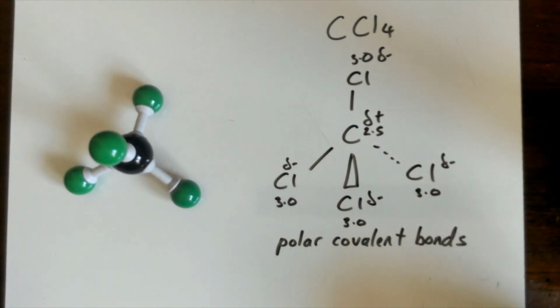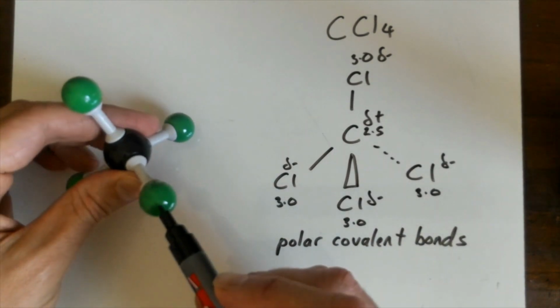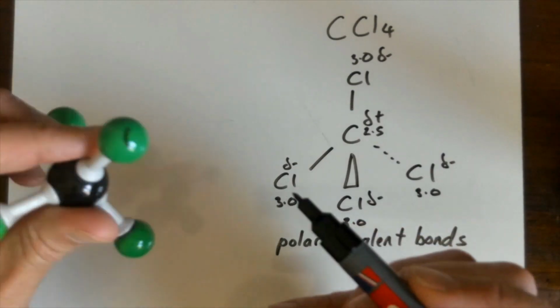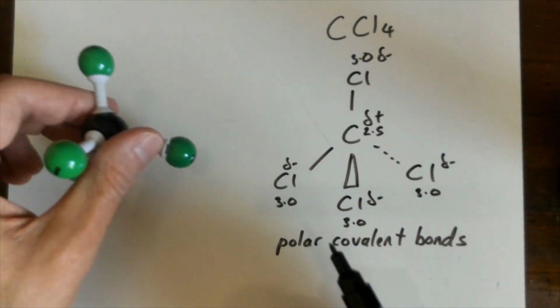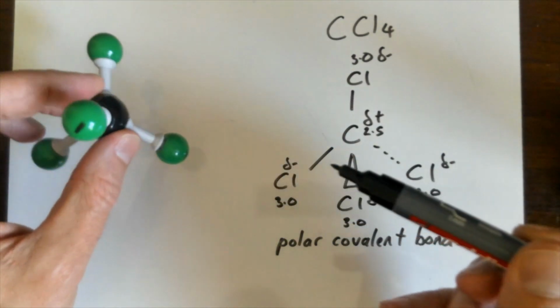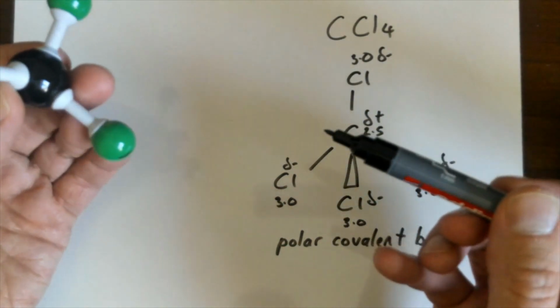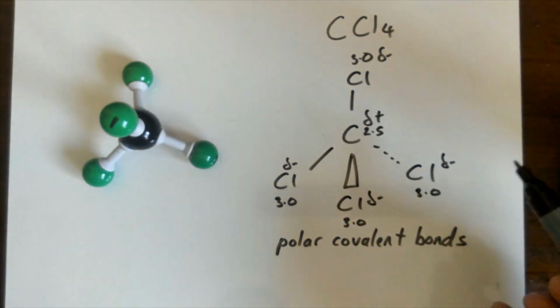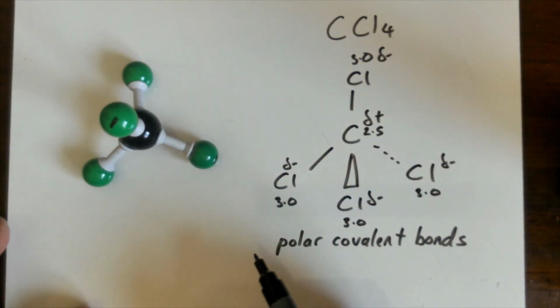Does the presence of polar covalent bonds mean that the molecule is polar? Well, if I draw a negative charge on each of these chlorine atoms, this might make it more apparent what's happening here. Whatever direction I approach the carbon tetrachloride, I'm always encountering a negative charge. Every side, if you like, is negative. There's not a positive side or a negative side.